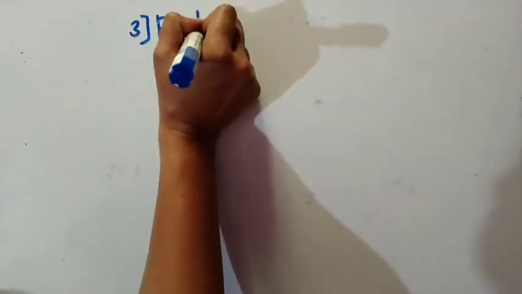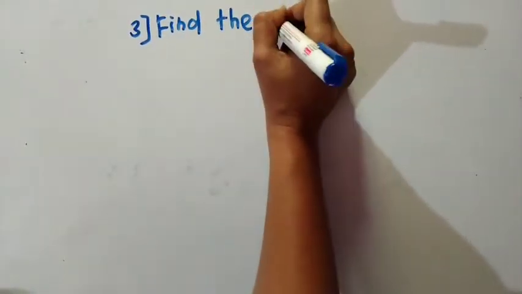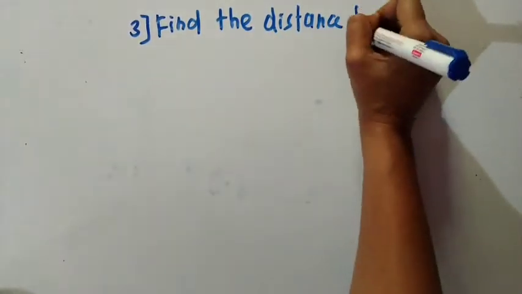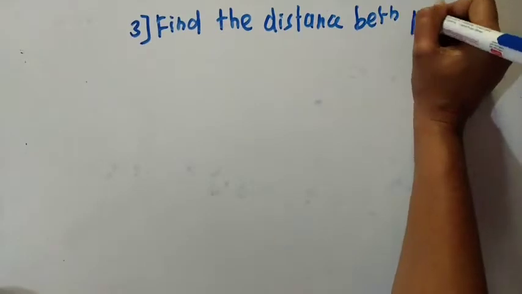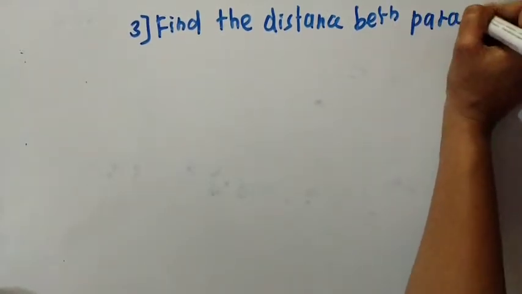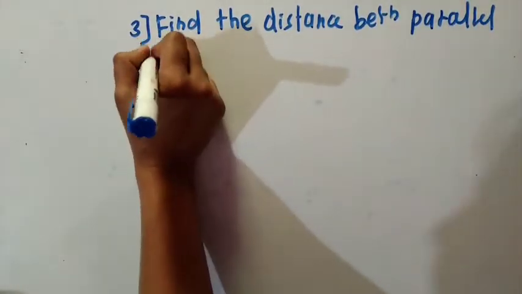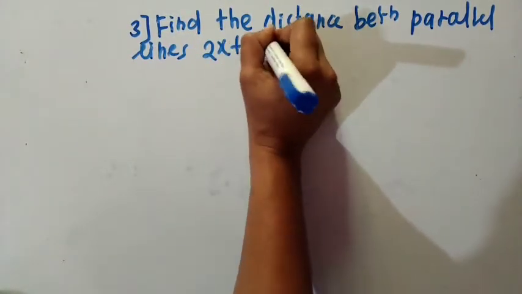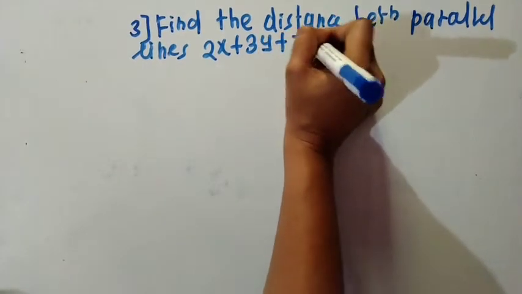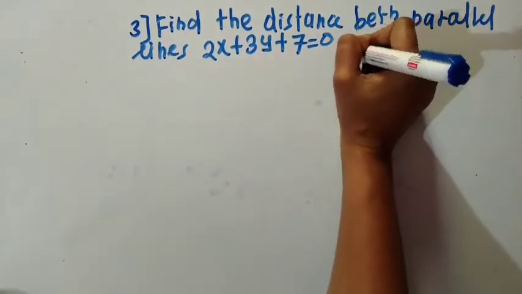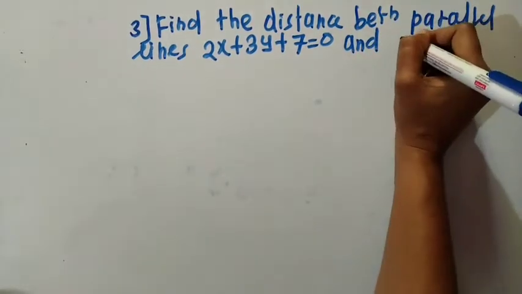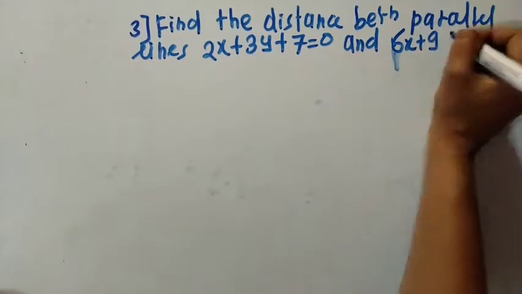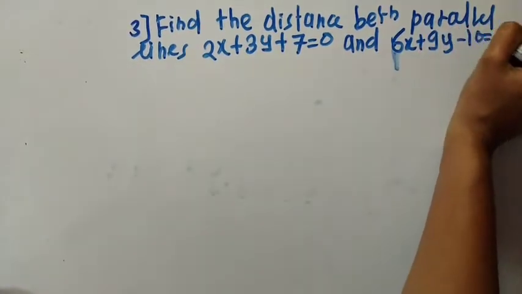Find the distance between parallel lines 2x + 3y + 7 = 0 and 6x + 9y - 10 = 0.